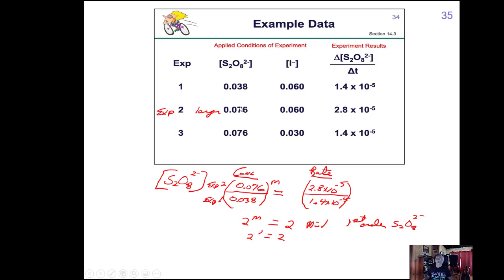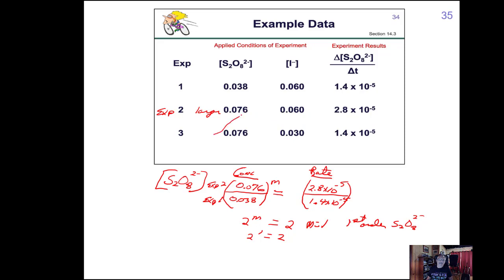but where the concentration remains the same for peroxydisulfate because we don't want it to influence the rate of the reaction. And I think you can see that we vary the concentration here between experiment 2 and experiment 3 for iodide ion, but we keep it the same.